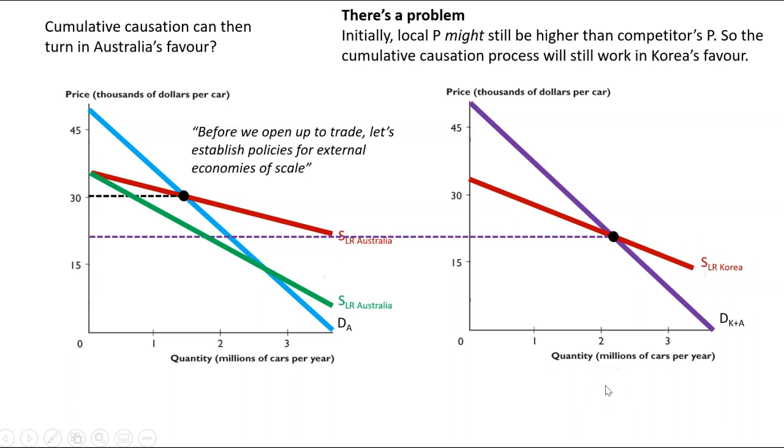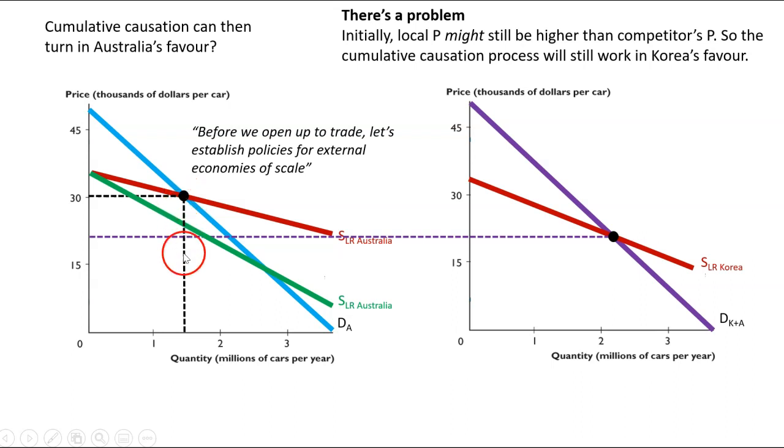It still might be the case that the local price initially could still be higher than the competitor's existing price. Then the cumulative causation process would start with trade, and the Australian industry would be destroyed anyway, in which case all of the support and subsidies would have been a complete waste of money and resources.